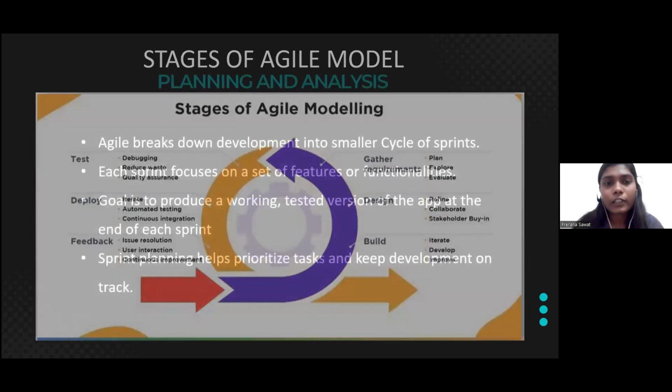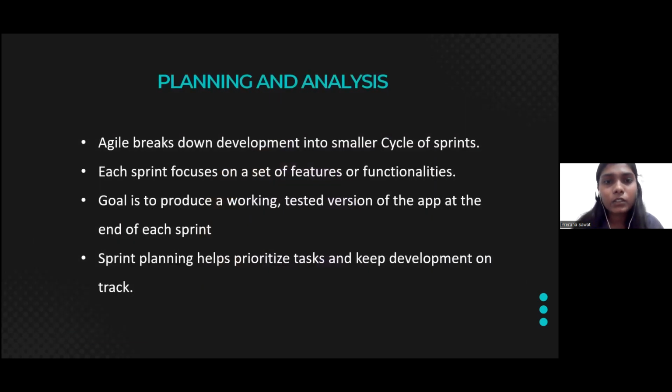Then we will see the actual planning and analysis. Agile development is a methodology where projects are divided into short development cycles that are called sprints. The primary goal of each sprint is to deliver a tested product increment. Sprint planning kicks off the iteration, selecting and breaking down user stories from the product backlog.